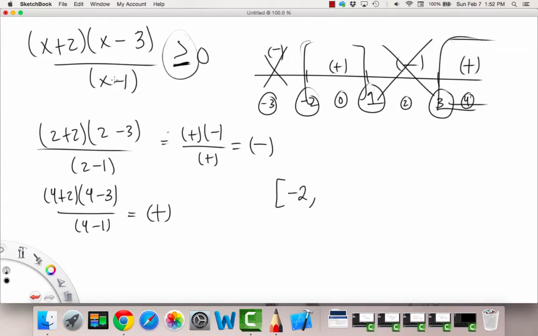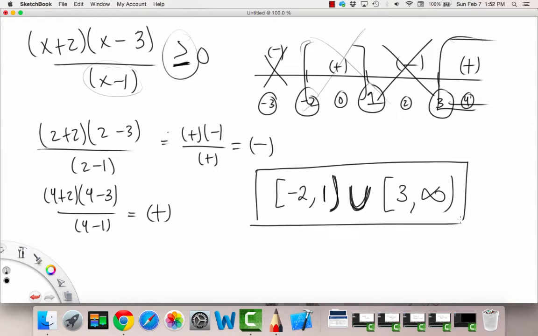Because when x equals 1, we have that vertical asymptote, at which our function is undefined, so we can't include the 1. So we just put the round bracket. That interval is all taken care of. And then we have, in union with, which just means also, in addition to this, 3 to infinity. So this is the domain of our given function.